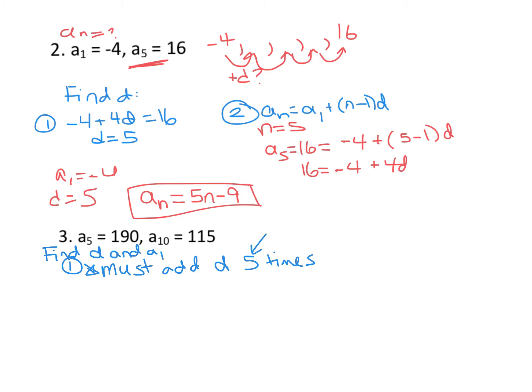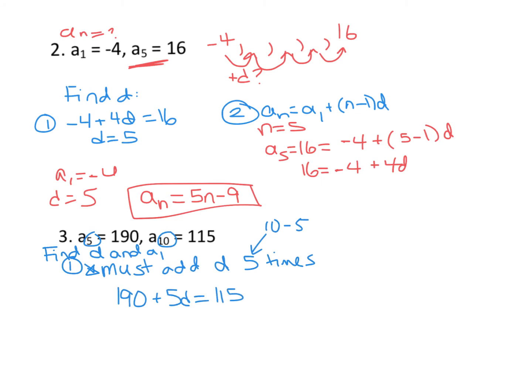I got that 5 by doing 10 minus 5, and the 10 and the 5 come from these values. So what we have is 190 plus 5 times d is going to give me 115.